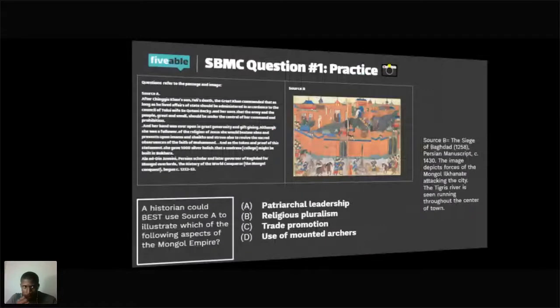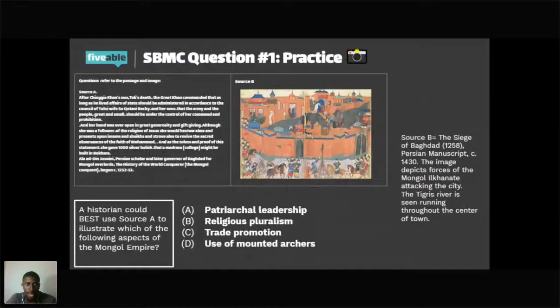This relates to source A and source B. Hold on for one moment.